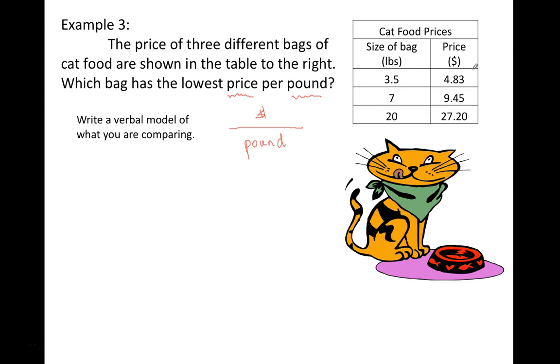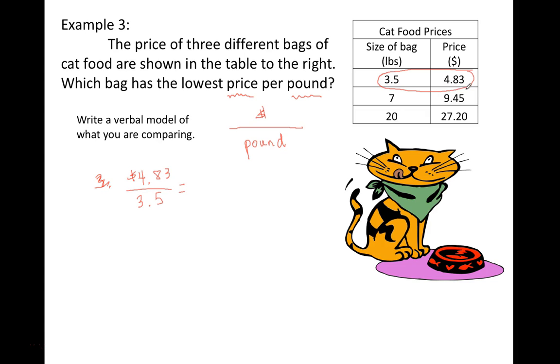The first rate they give us is here. A 3.5 pound bag of food costs $4.83. So $4.83 to 3.5 pounds. Okay.